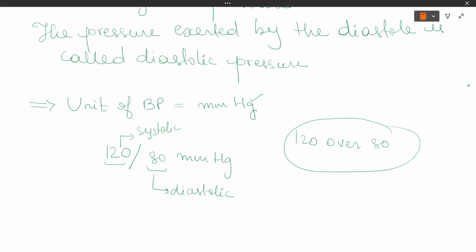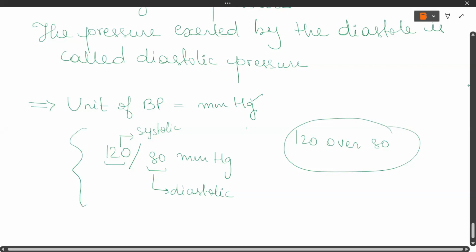If you're squeezing something, it requires more energy, and more pressure is exerted. In the same way, in relaxation, less energy and less pressure is there. So that is why the systolic pressure will always be more than the diastolic pressure.